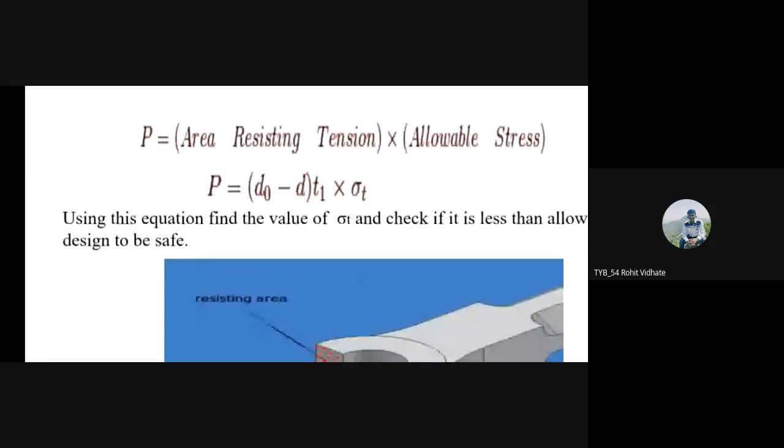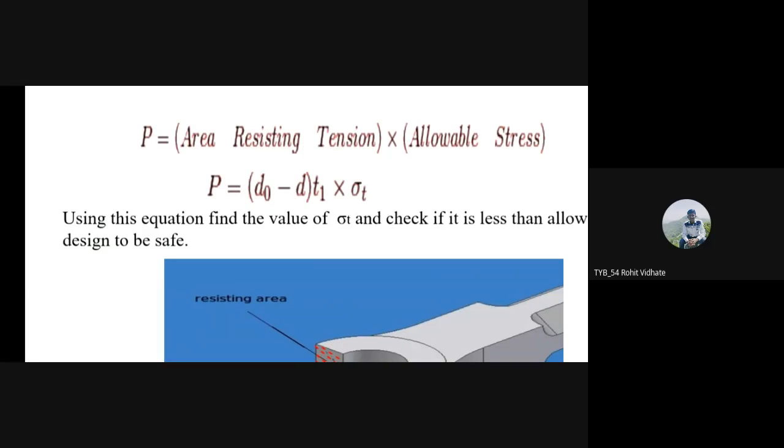If you know P, you can calculate sigma t, and if you know the limiting value of sigma t, you can calculate P, because d0, d, and t1 we have already calculated. We just check here whether that stress level is below the allowable stress level or design stress level. If it is below, then we consider that the dimensions we have decided are correct.